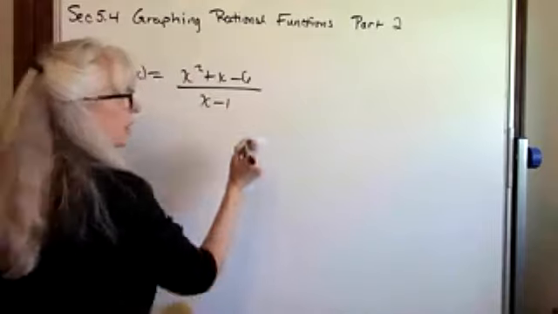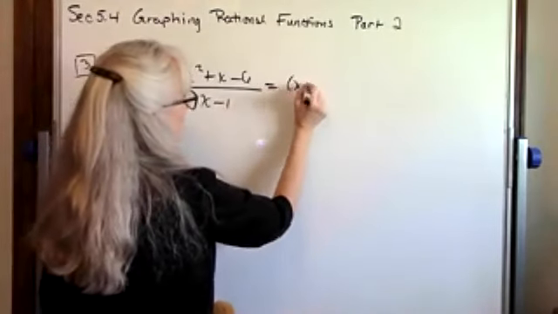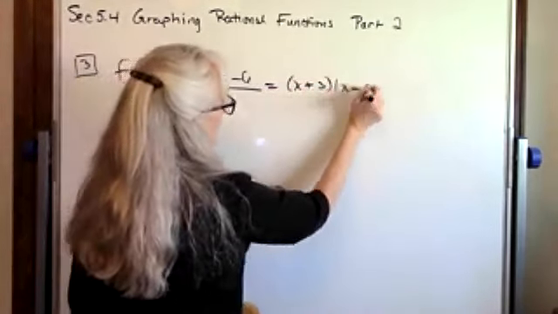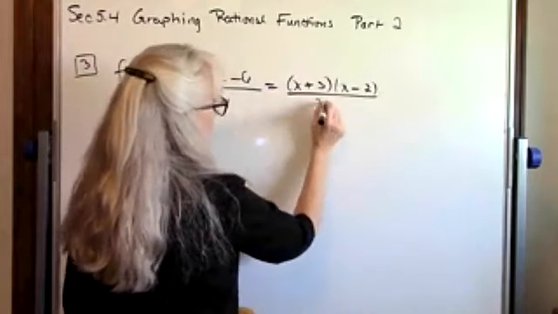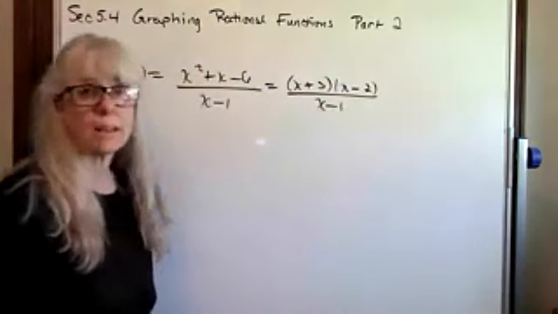So again, the first thing I'll do is factor it. That's x plus 3, x minus 2, all over x minus 1. Okay, we'll walk through our steps.